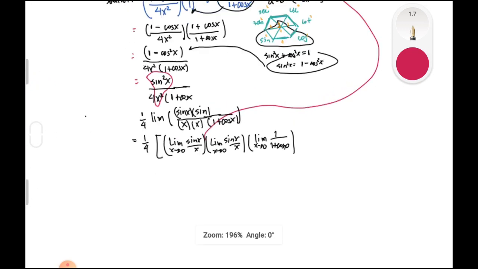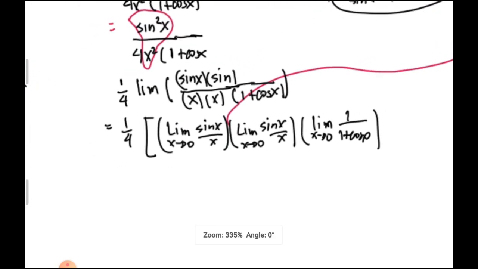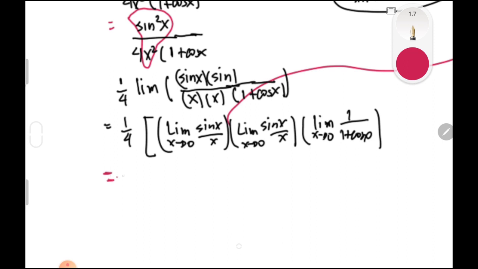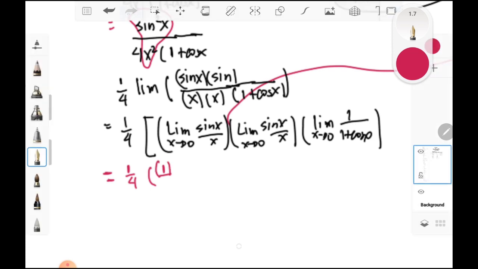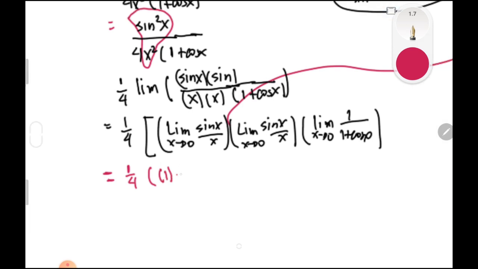So by further manipulation of this limit, we'll have 1/4 multiplied by 1, multiplied by 1, multiplied by 1 all over 1 plus cosine 0, which is equal to 1, plus 1.